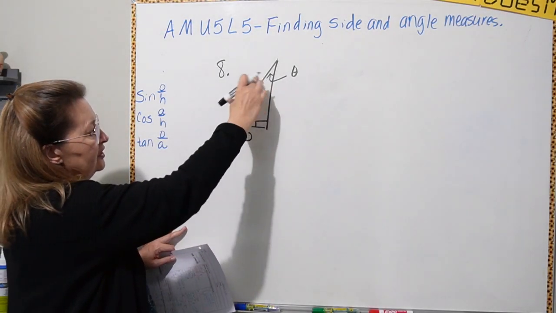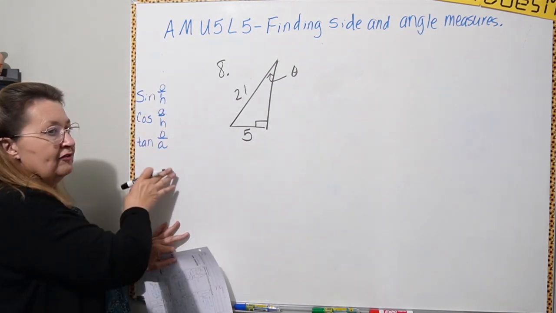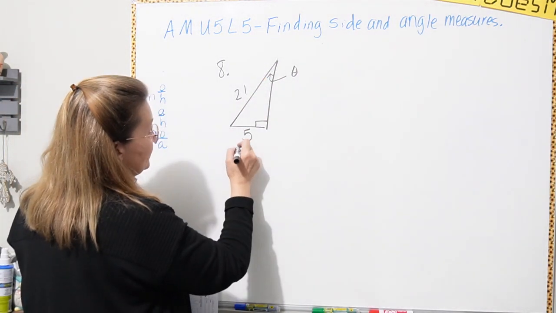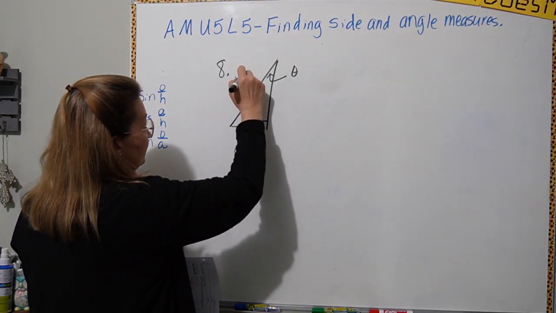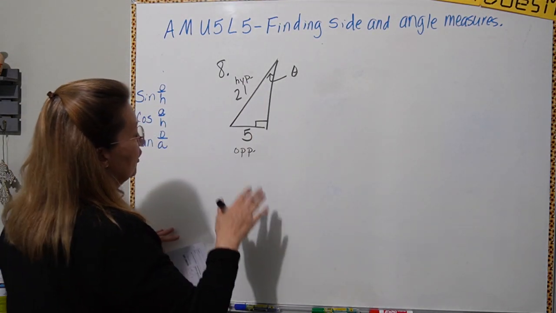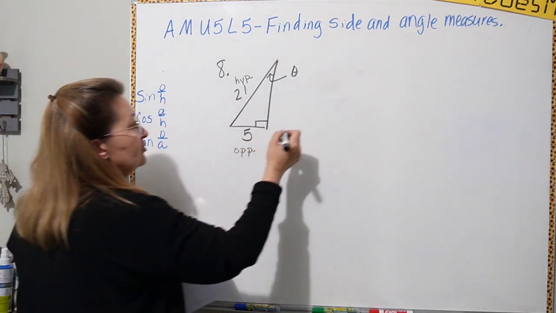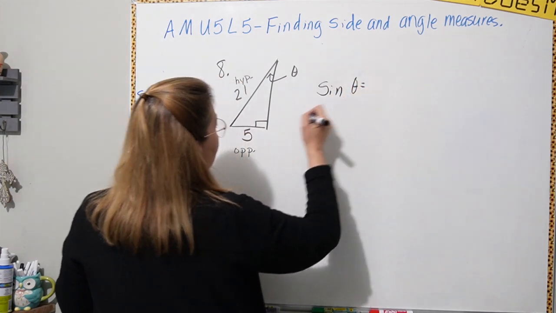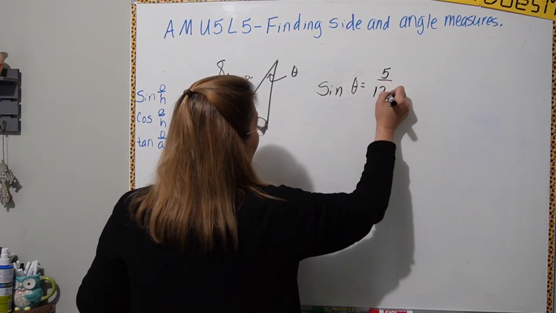Okay, let's look at number 8 here. I have theta marked and I have 2 sides, so let's identify the sides so we can figure out which function we want to use. This is the side opposite and this is my hypotenuse. So which function is concerned with opposite and hypotenuse? Well, that's going to be your sine. So the sine of theta is equal to my opposite over my hypotenuse.